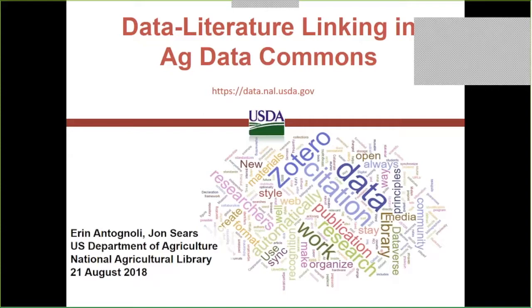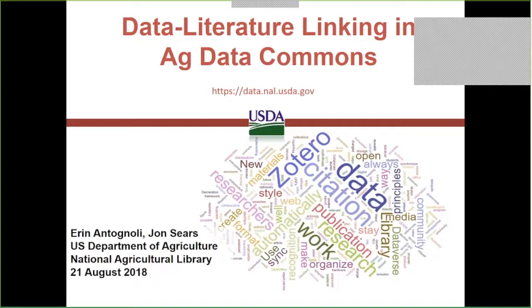Thank you, Erin. Our topic today is the linkage between scientific research data and the scholarly literature, chiefly but not exclusively peer-reviewed articles, and how these links are handled in Ag Data Commons. We will look at some problems with data citation or lack thereof, and review recent recommendations for best practices aimed towards openness and reproducibility.